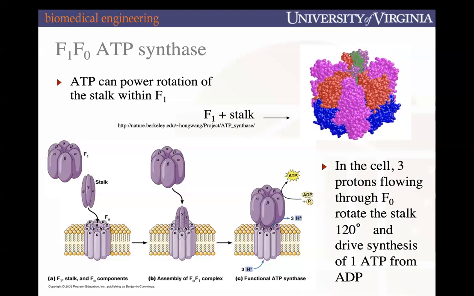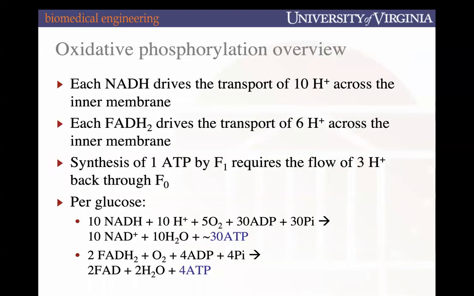I'm going to do 2 wrap-up slides, and then I'll stop for questions. So to review, specifically for oxidative phosphorylation, to wrap up here, we took note that for each NADH, there were 4 hydrogen ions that went across complex 1 and 2 at complexes 3 and 4.